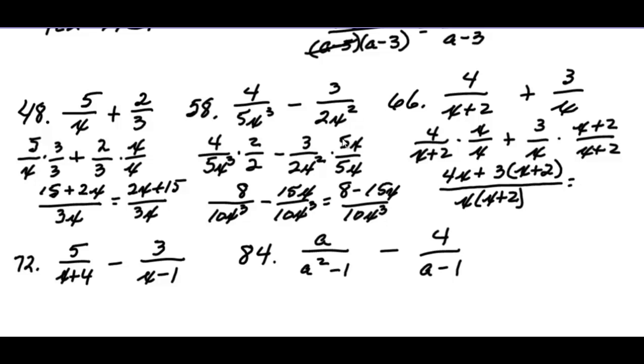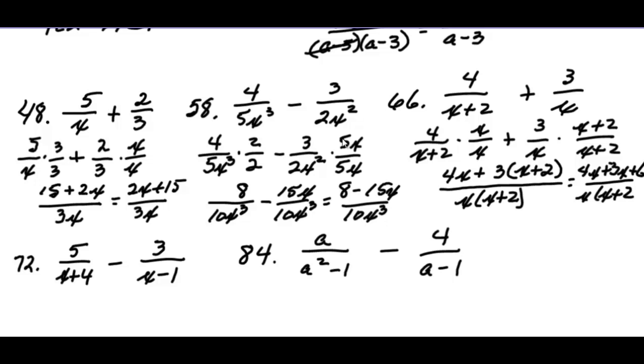In our numerator, we get 4x plus 3x plus 6 all over x times x plus 2.